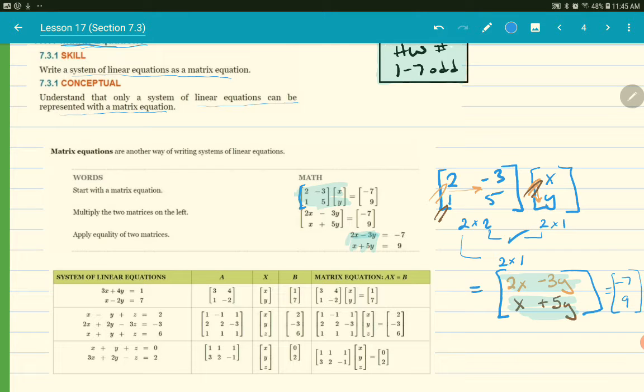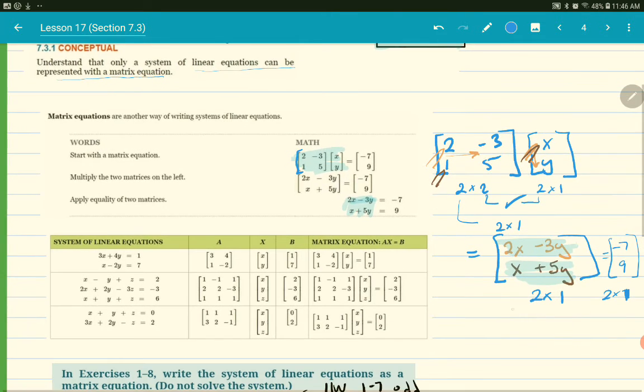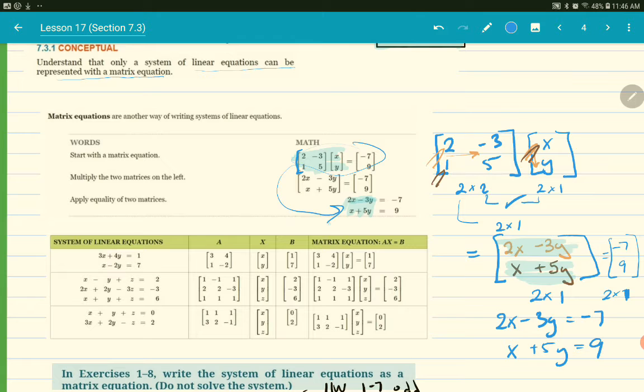These are both 2 by 1 matrices, and if they're equal, then their elements must be equal. So that tells me that 2x minus 3y equals negative 7, and x plus 5y equals 9. So that's converting a matrix equation to a system of equations.